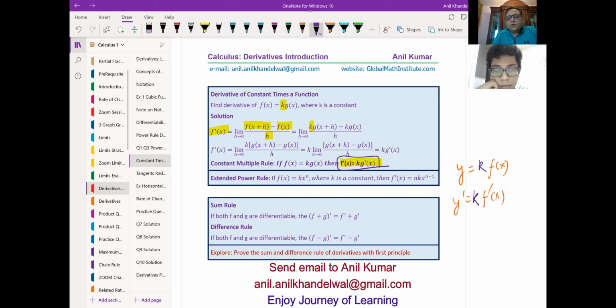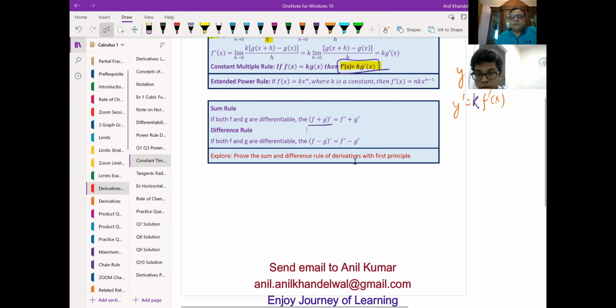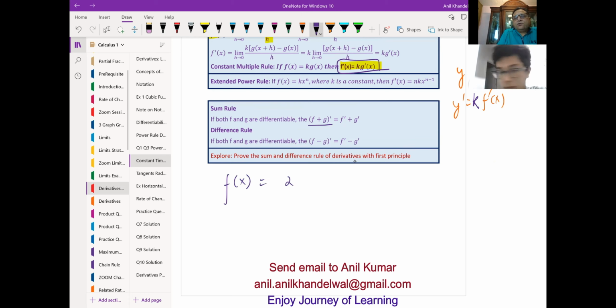Also, in derivatives, if we have a sum of two things and we're trying to find the derivative of that, then it is the same as the sum of the individual derivatives, or the difference. And that really helps us to find derivatives for polynomials. To give an example, if I have a function f of x as, let us say, 2x cubed minus 3x squared plus 2x minus 5, what is the derivative of this function?